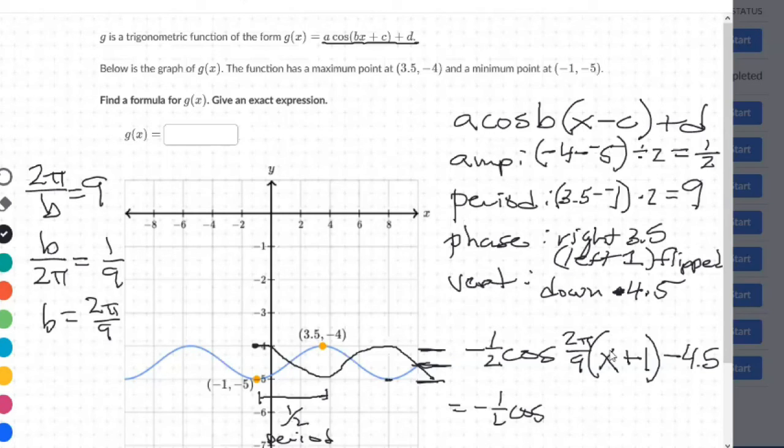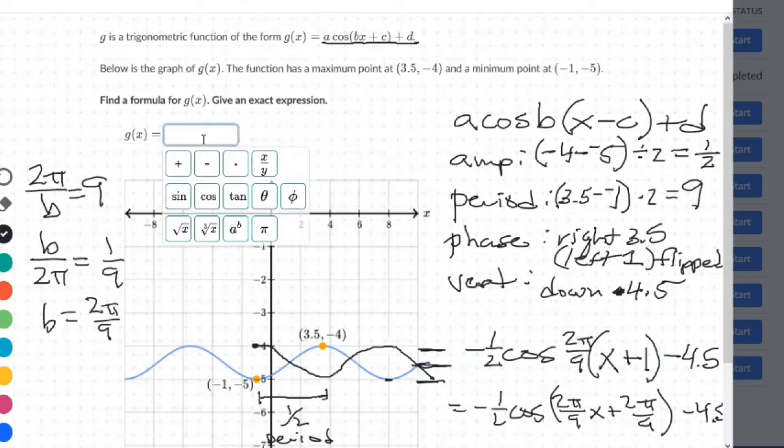2 pi over 9 x, plus 2 pi over 9, and then minus 4.5. So that would be the format they want. And it wants me to give an exact expression.